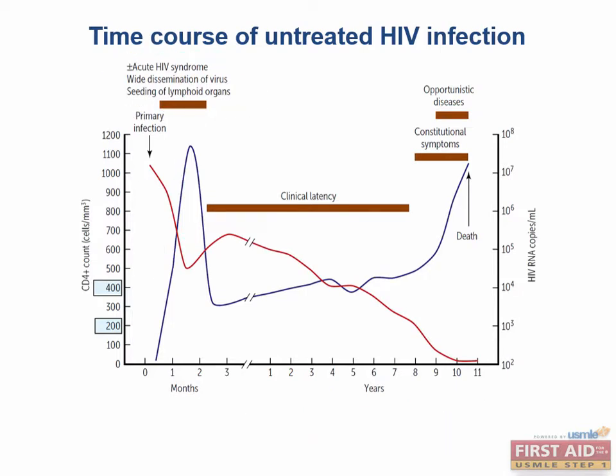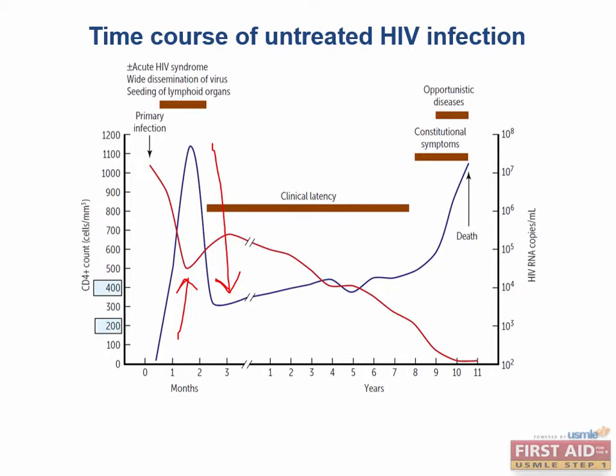Now, after the acute HIV syndrome, the body's immune system actually begins to fight and win against the HIV virus infection. We can see here that the viral load decreases pretty significantly and the CD4 count bumps up a little bit more in response to our immune system properly reacting against the virus.